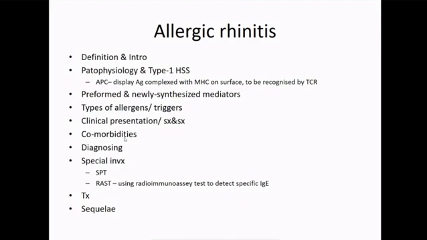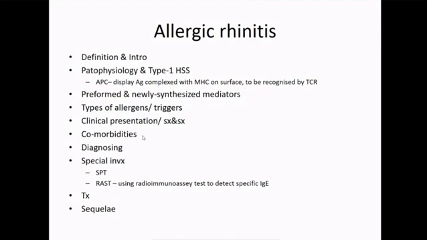Okay, so comorbidities in this disease, most of the time, if you ask patients with asthma, most of them will have allergic rhinitis. In the literature, if you sample 100 patients with allergic rhinitis, you will find half of them have a history of asthma.